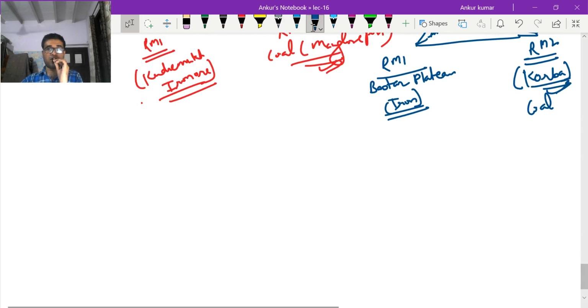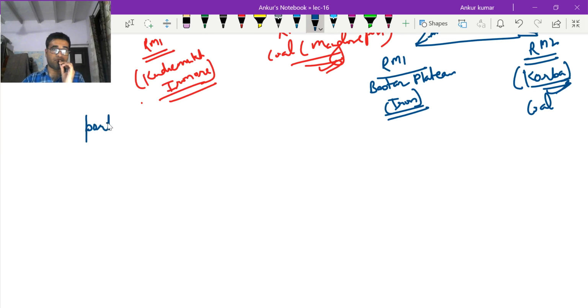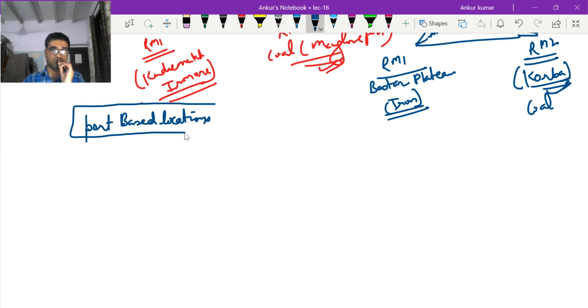Moving on to the one more location, that is the port based location. The new type of location that have come up, that is the port based location. And the important port based location for iron and steel is the Visakhapatnam.